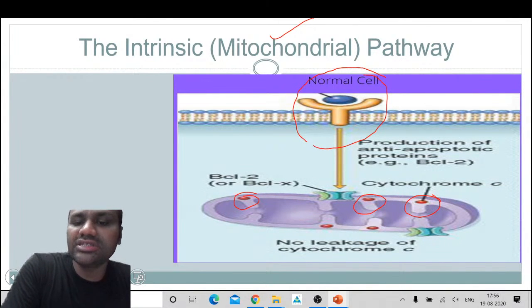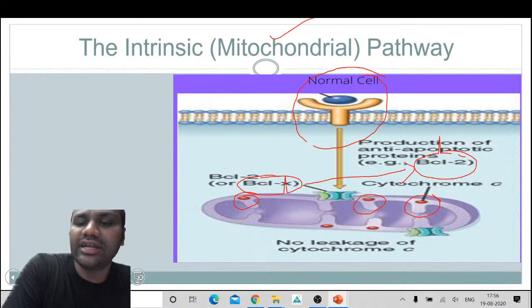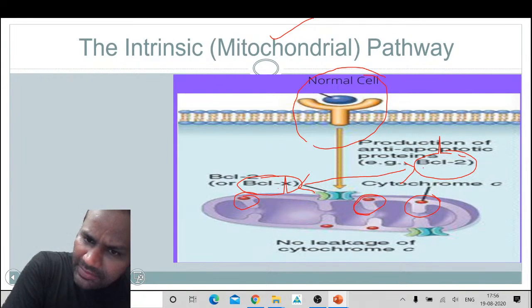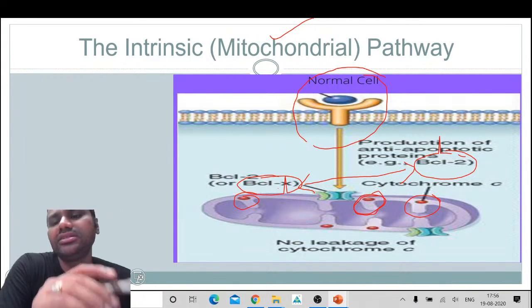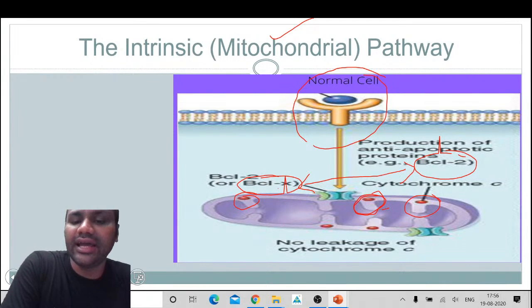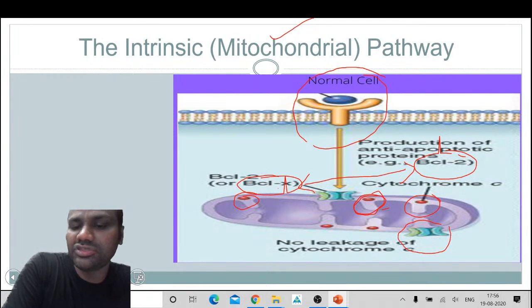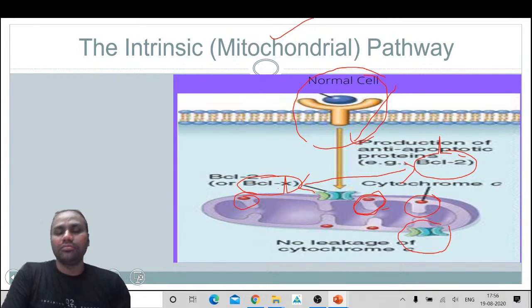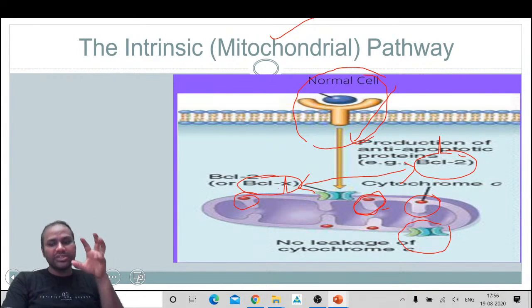To prevent the release of cytochrome C, there are some anti-apoptotic factors like BCL2 and BCL-XL. These anti-apoptotic factors BCL2 and BCL-XL keep the cytochrome C inside the inner membrane, and hence there will be no leakage of cytochrome C in a normal cell, when the normal mechanism is occurring.